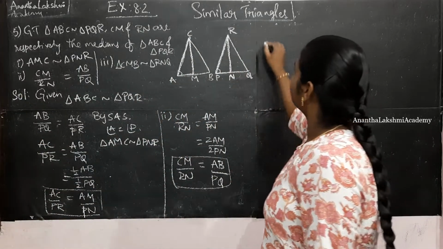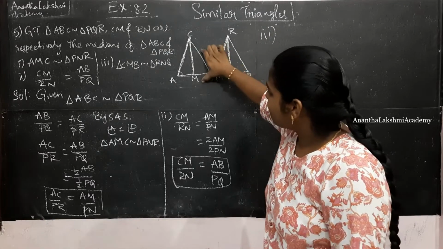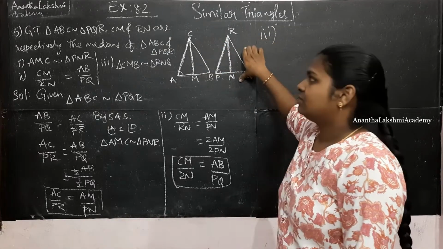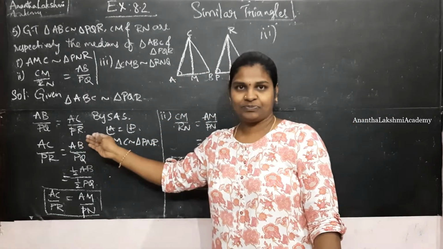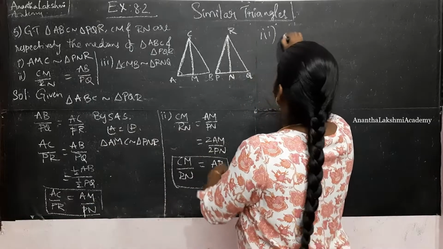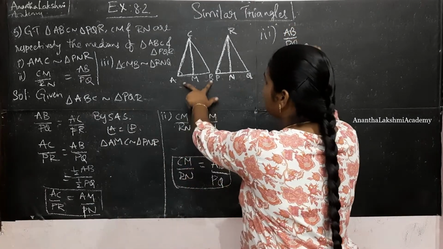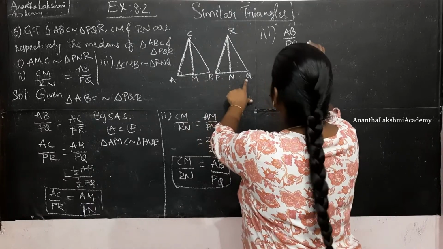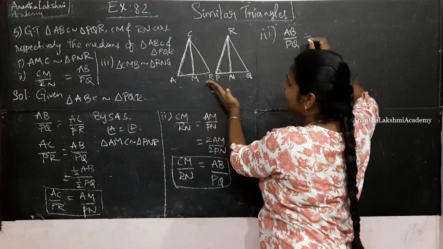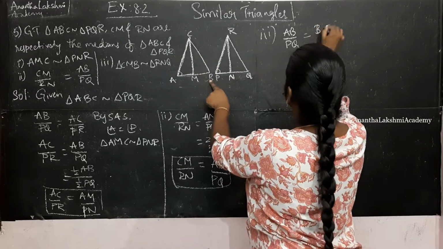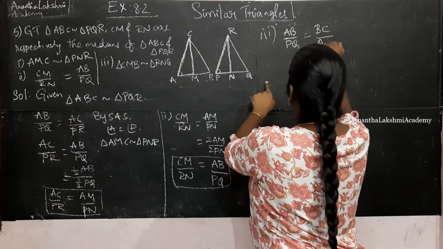Let's jump into the third bit wherein we are asked to prove triangle CMB is similar to triangle RNQ. It's the same way how we proved for the first bit. The same ratio AB by PQ is equal to, earlier we considered this side, now we are going to consider this side, BC by QR.